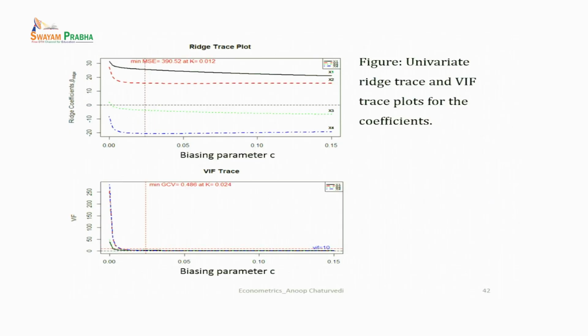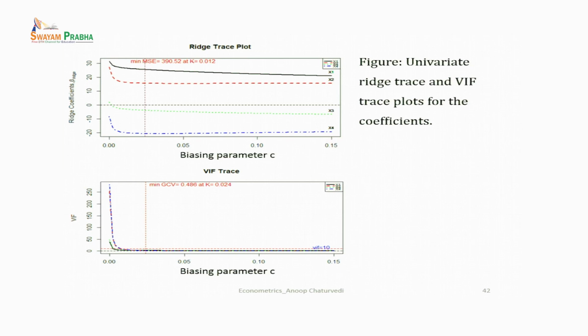Now, we have taken a numerical example in which we have 4 explanatory variables x1, x2, x3, x4, and we have fitted the model and estimated the regression parameters using the ridge estimator. We have plotted the ridge coefficients corresponding to different values of c.